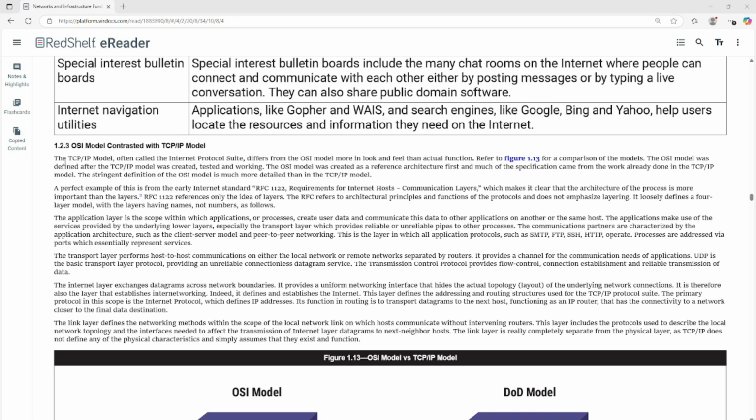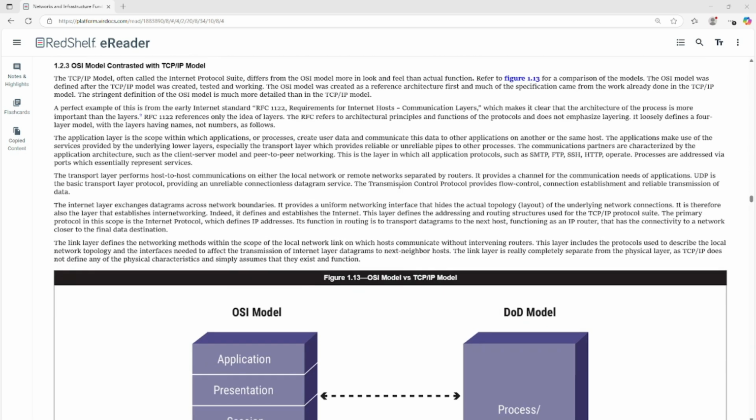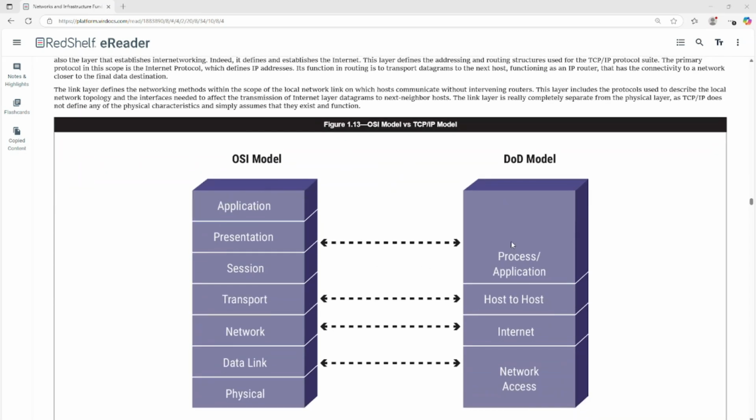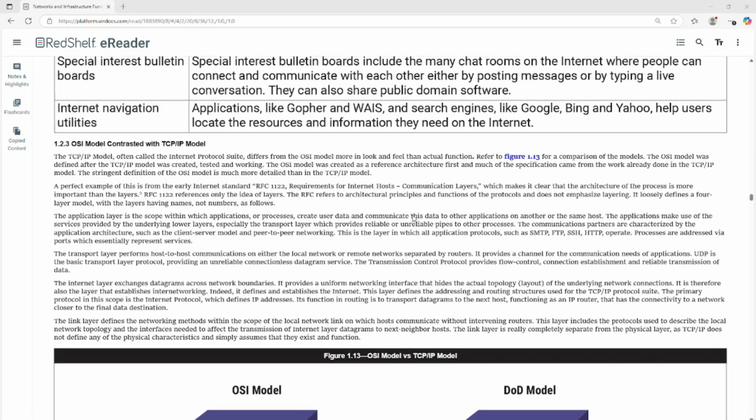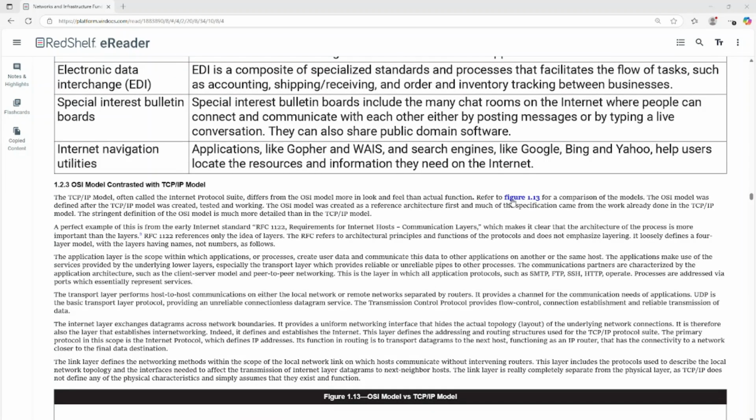Some of the key things that make the TCP/IP model differ from the OSI model. First, its look and feel. As you can see on figure 1.13 that I showed.